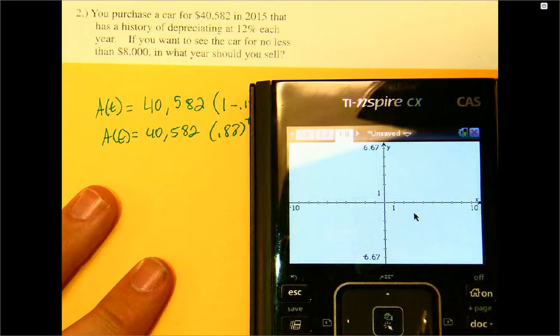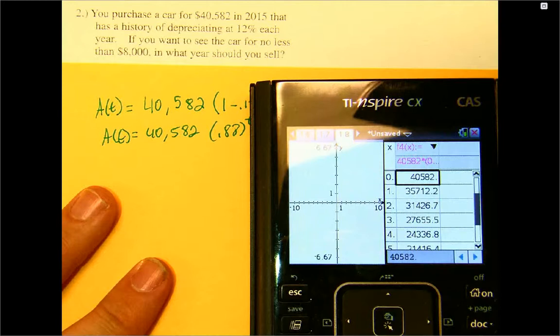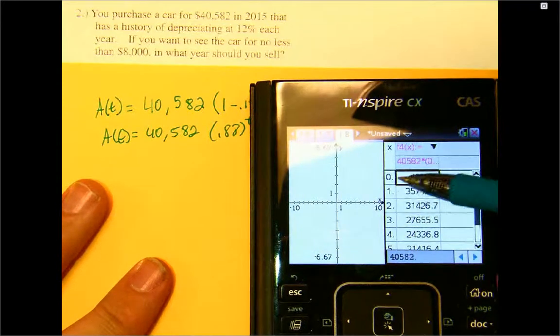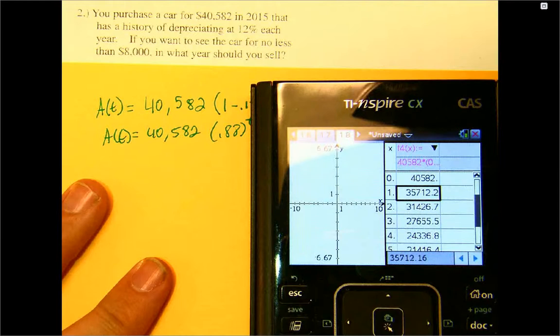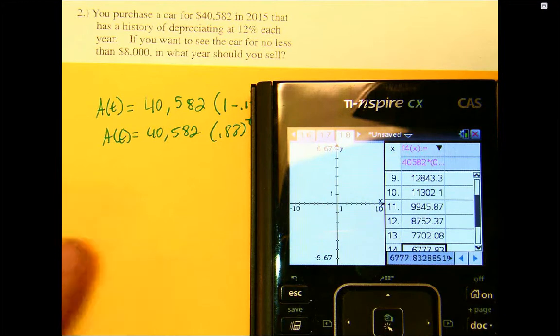But if you hit Control T, it gives you, like when t is 0, t is 1, t is 2, t is 3, and we keep going down here. It's somewhere between 12 and 13 years.